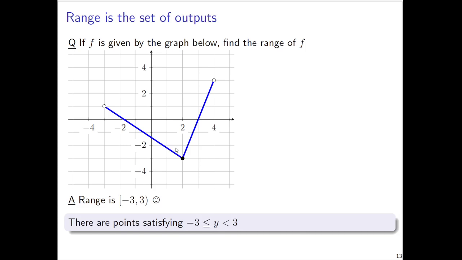You can find a point on this graph where the y value is -2, like right here. You can find a point where the y value is -3, and that's right here. But you can't find a point where the y value is exactly 3 because there's this hole, this unfilled point right there. You can find a point where the y value is 2.7, which visually appears to be right about here somewhere.